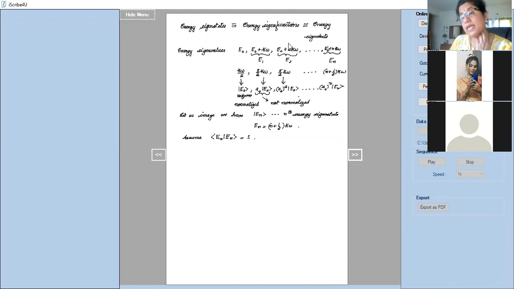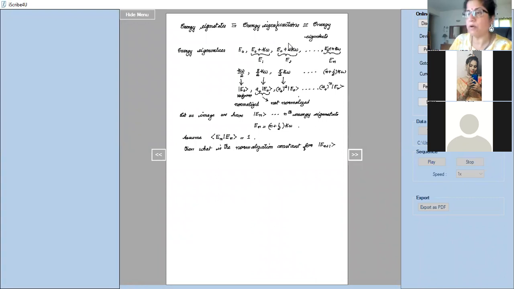If En is normalized, then we want to find out what is the normalization constant for going to En plus 1.